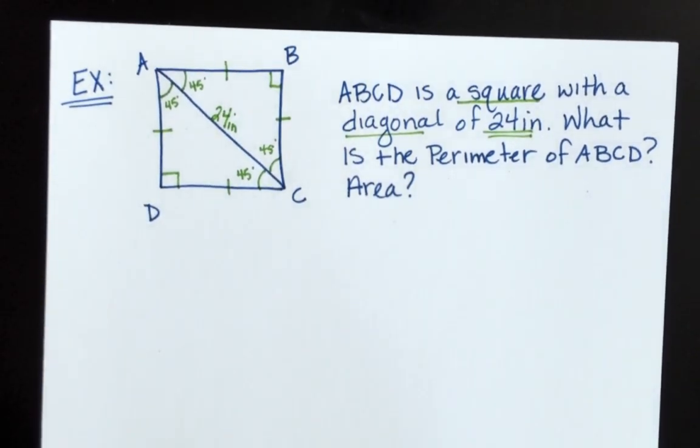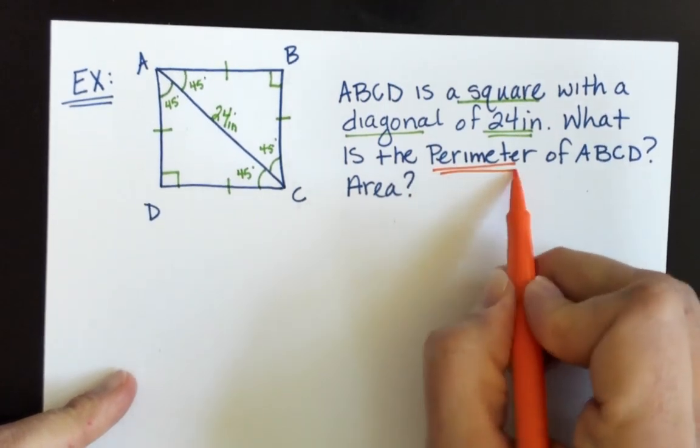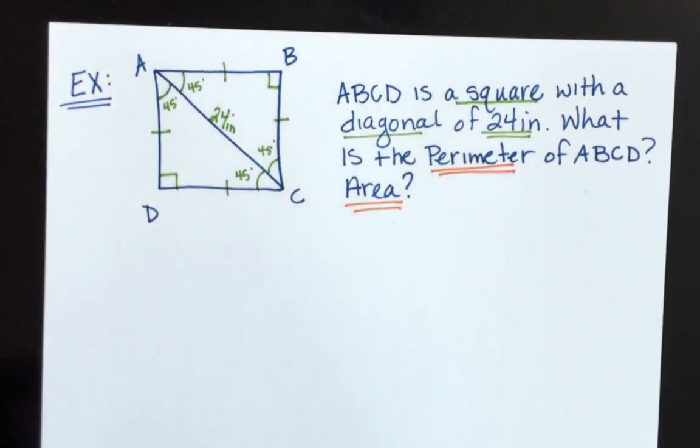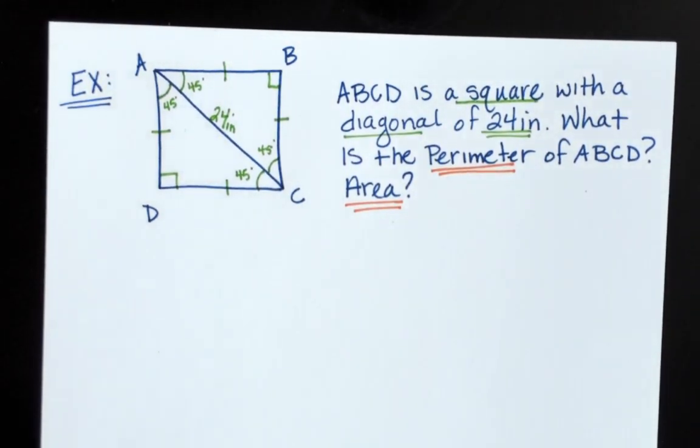Bigger question, though, is we don't just care about what the legs are, we care about the whole perimeter and the whole area. So slow down and make sure that you are answering the questions that are being asked, not just a question. We know there's always multiple steps here. Again, I'm going to approach this from both methods.